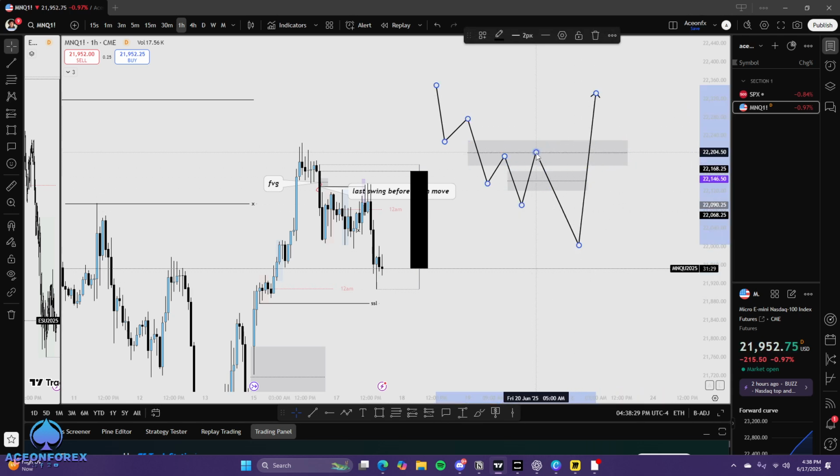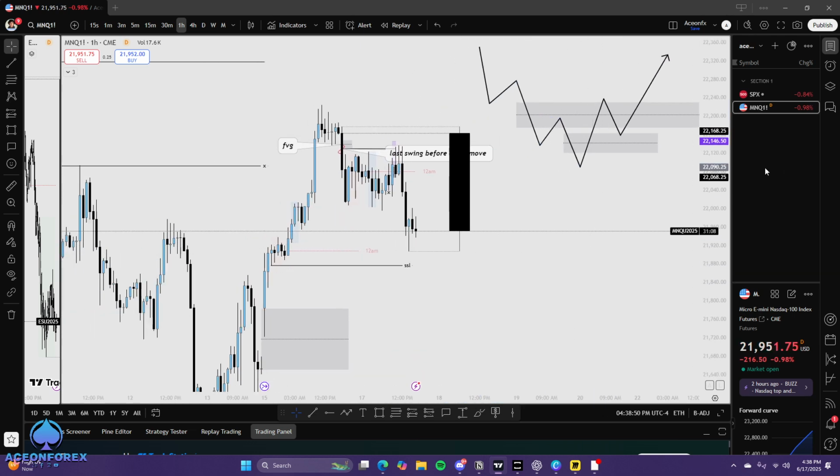So that is your first invalidation point when you're reading price: what PD arrays are holding. If the most recent bearish fair value gap gets closed above and price starts chopping around it, that is likely an indication that price is no longer going any lower.